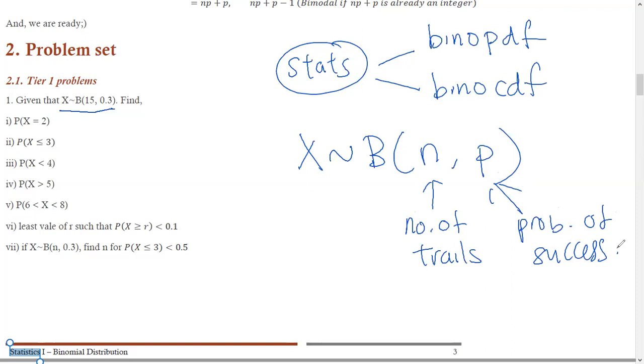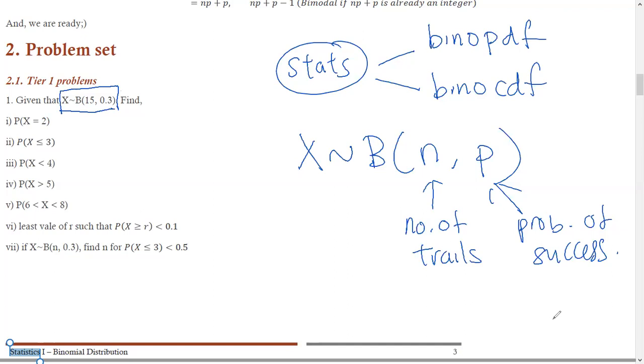We just want to do some calculator work and take note of some mathematics that involve pressing the calculator. So for example, if I have X following binomial n, p, where n is 15, the number of trials, and the probability of success is 0.3, we are asked to find the following values.